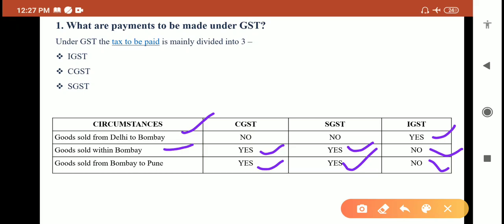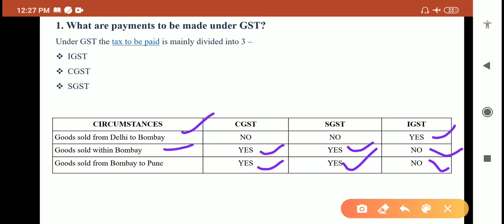The GST rate, assume, is 18%. So which comprises a CGST rate of 9%, because the total GST rate is 18%, and an SGST rate of 9%.